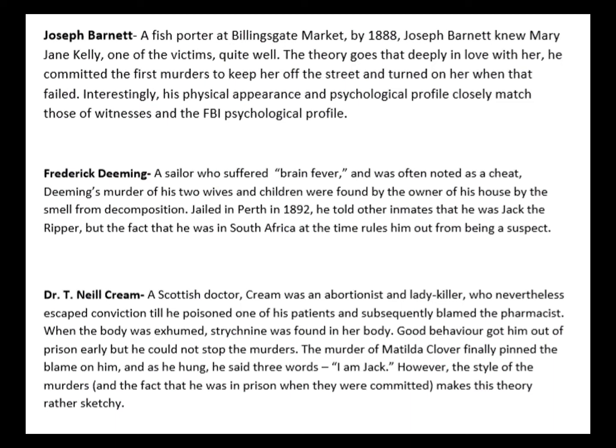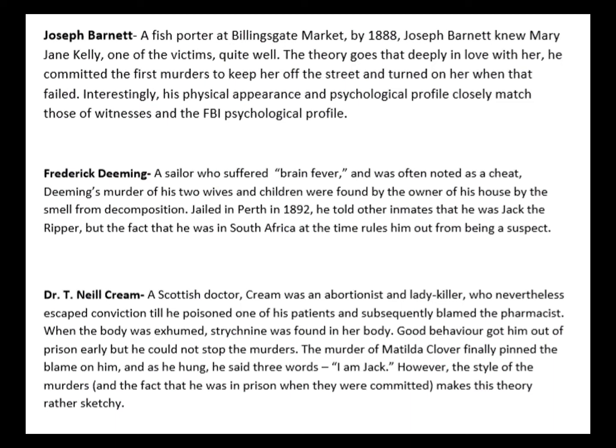When they dug up the body, after the pharmacist pled not guilty, they found poison within her body, and he was sent to jail, but he got out of jail because of good behaviour. But the story goes that he was not able to stop murdering women the way he had with his patients, and that was how the Jack the Ripper murders then happened. He later on murdered a woman called Matilda Clover, and finally at that point he was caught and was hanged.